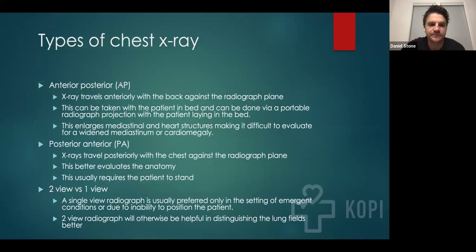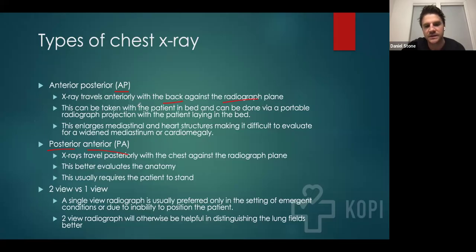When you get a two view, you are talking about getting a PA chest X-ray. So if you shoot an AP, it's basically assuming that the patient is lying with their back against a radiographic plane rather than their chest.